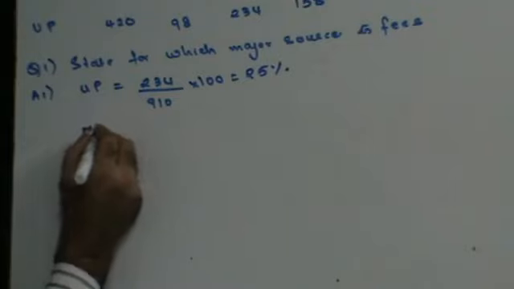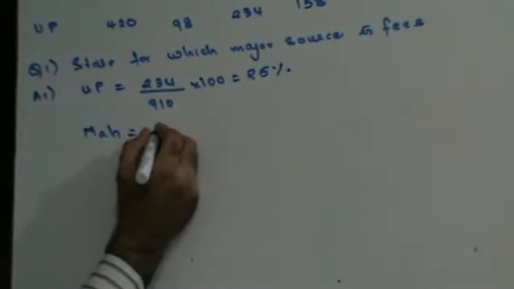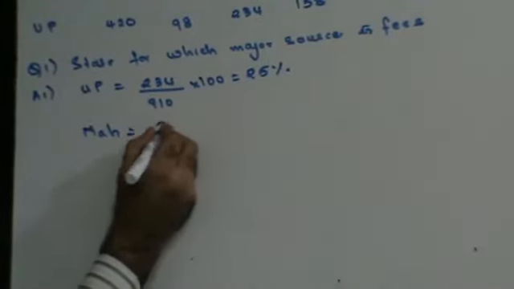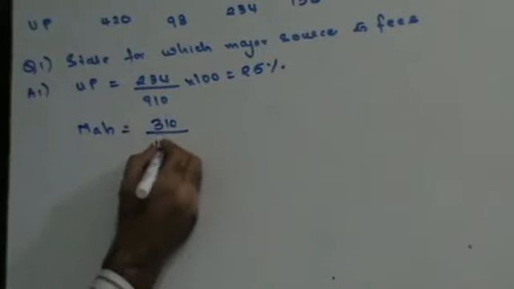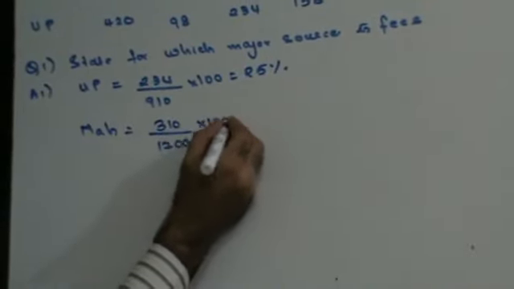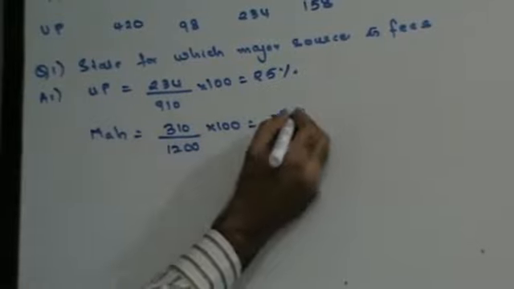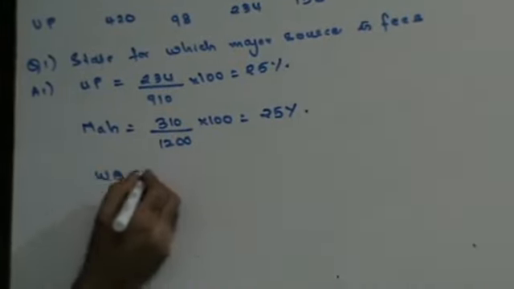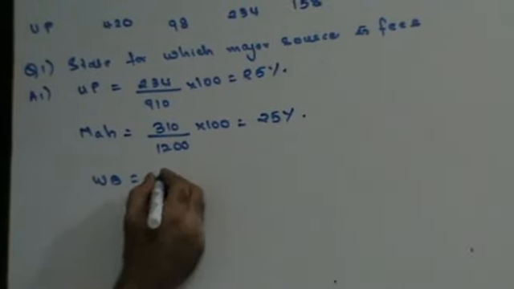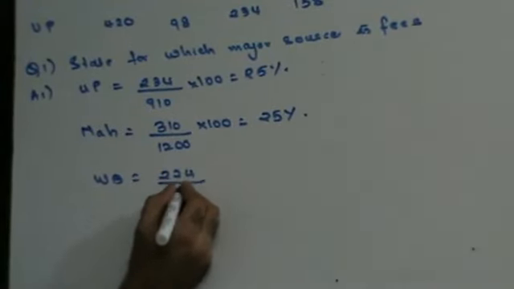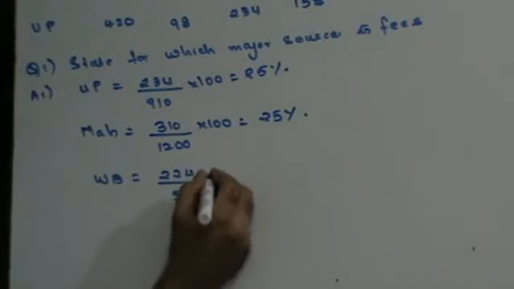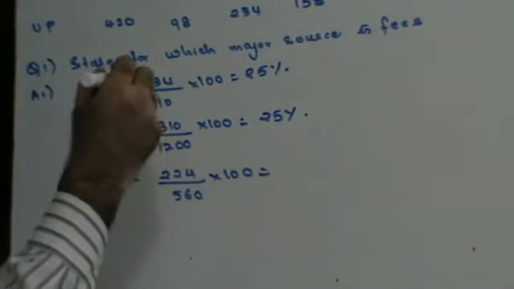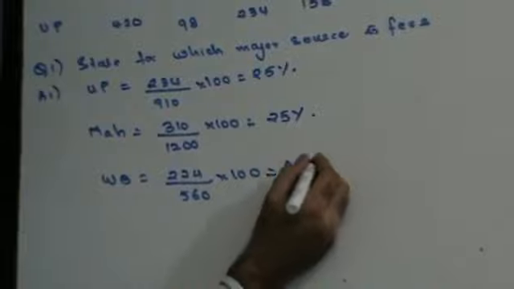If I consider Maharashtra, fees is 310, total collection is 1200 into 100, which is again going to be 25%. Next, West Bengal fees is 224 and total collection is 560 into 100, which is approximately equal to 40%.